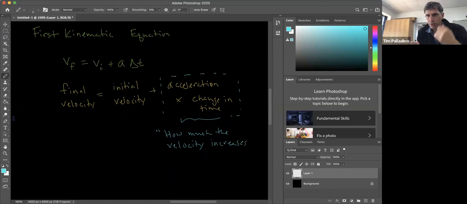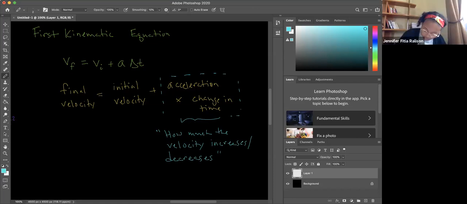In this example, we did one where the velocity increases, but it could decrease if it was slowing down. All right. Does this one make sense so far? Yes. So I'm going to show you how to use this formula.